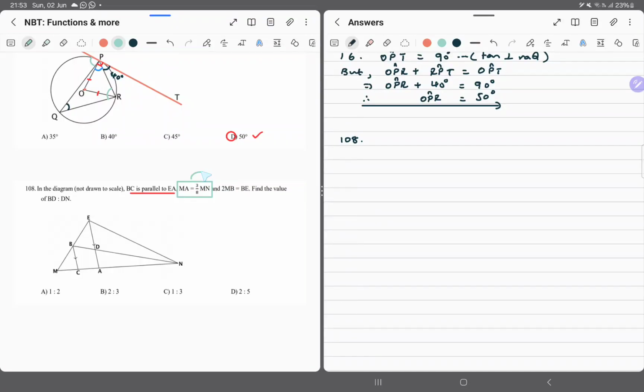So the best thing to do here, divide by MN. So it means MA over MN is going to be 3 over 8. Can you see? Nice now. MA over MN.